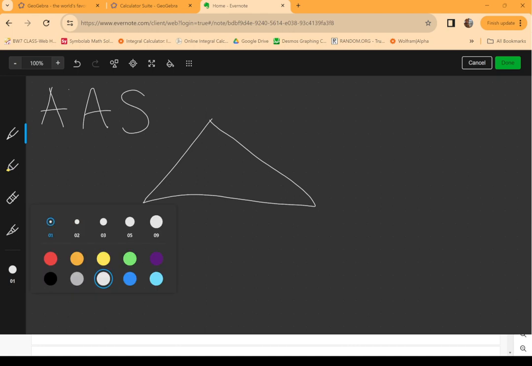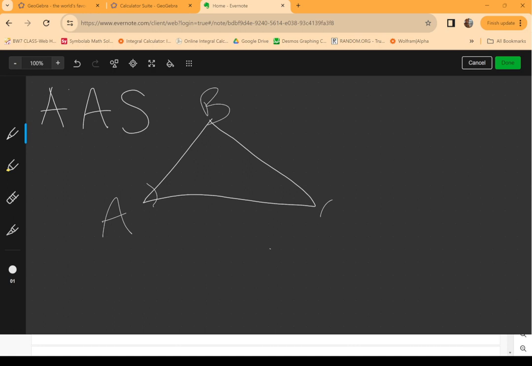That is important. When we say angle, angle, side, what we are referring to is, let's say we have, again, triangle ABC. We know two angles and a non-included side. So in this case, one possibility would be angle A, angle B, and the side BC.